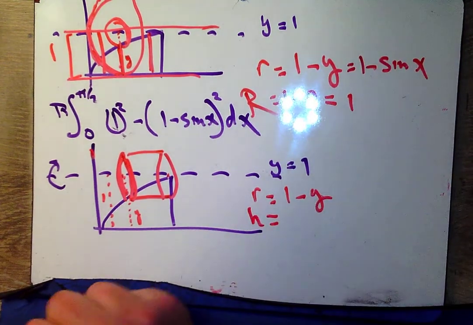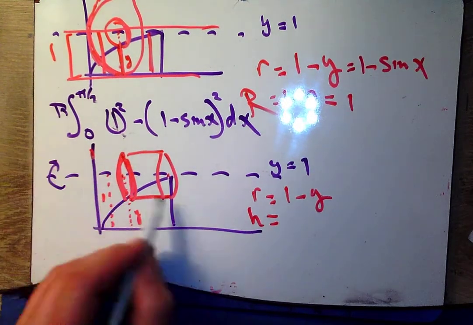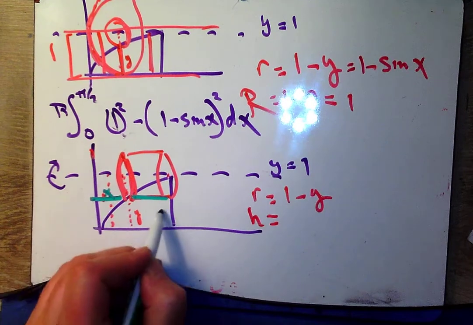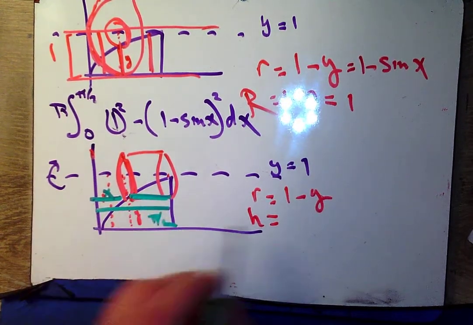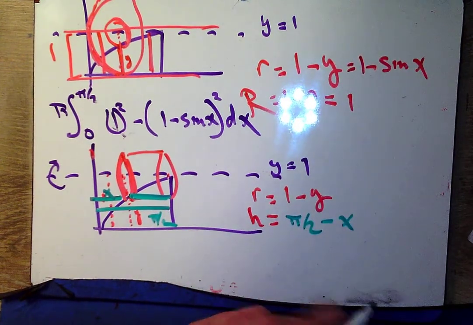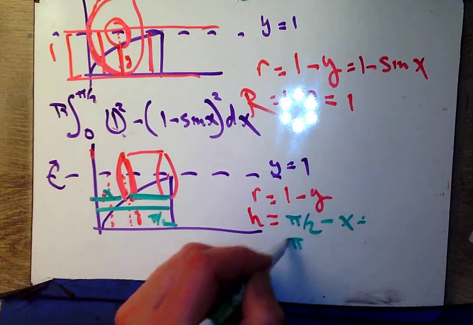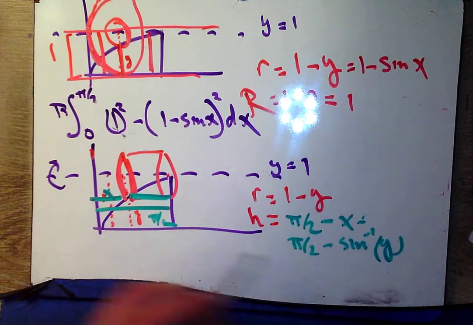What can we say about h here? H is going to be this. Well, we know that this is called x, and this is pi over 2, so this must be pi over 2 minus x. But since this is a dy integral, we've got to get rid of that and put in sine inverse of y.